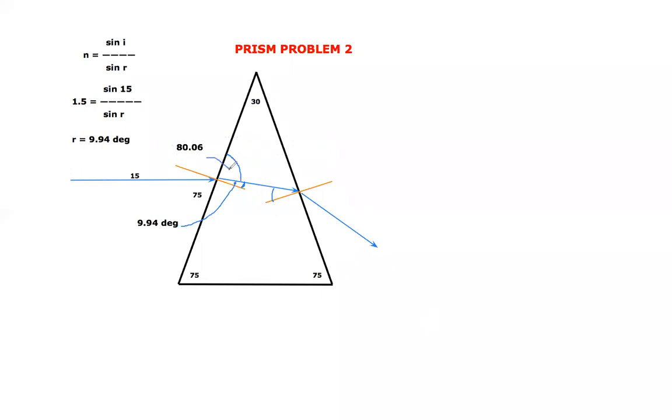That's this angle. Now, if that's 80.06, I'm going to add 30 to that. Subtract 180, and I get 69.94 for this angle. This is a triangle. Angles add up to 180. So that angle is 69.94 degrees.